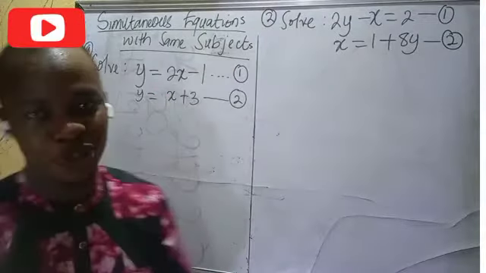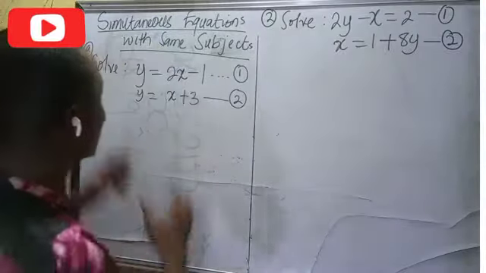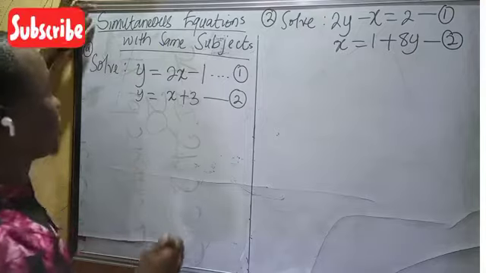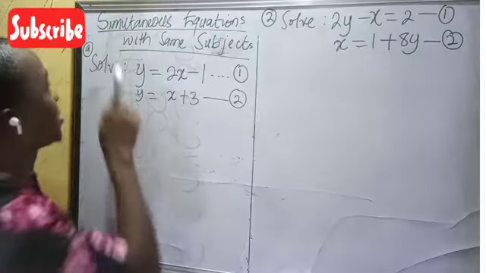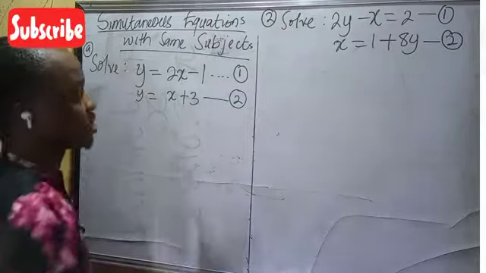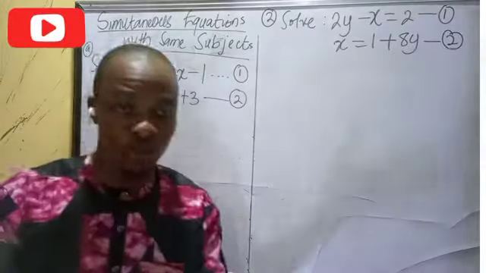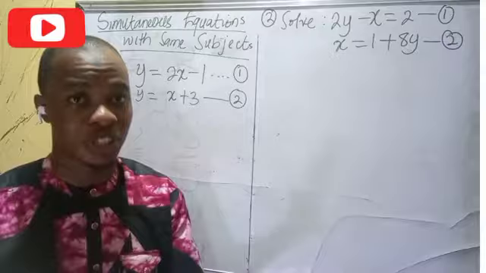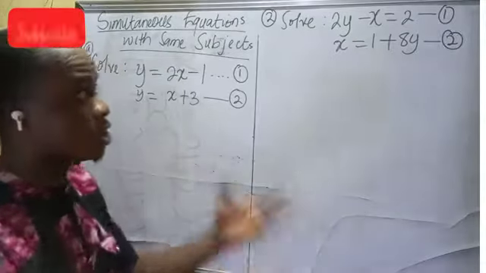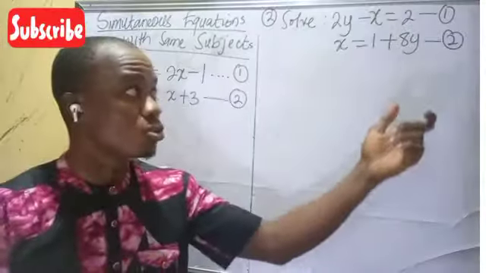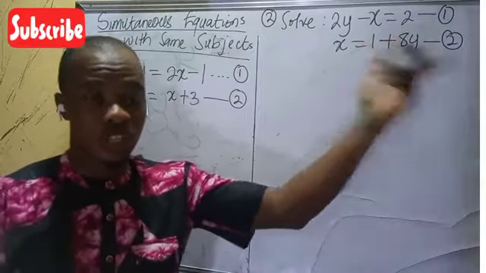So now into this tutorial, today we are going to be looking at this. When you look at this, you can see that this is simultaneous equation with same subject. Simultaneous equation is the equation with two variables with two equations.